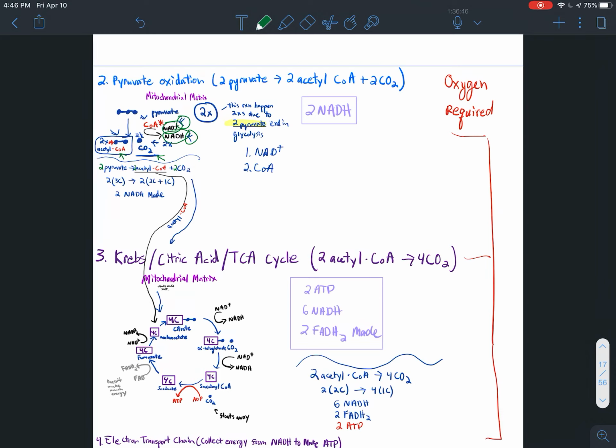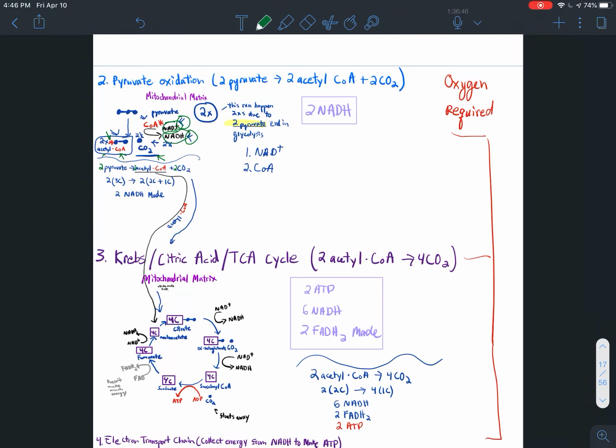The 2 carbon molecule with the coenzyme A attached is called acetyl-CoA. So the red star is the CoA, and the acetyl is the 2 carbon molecule, which makes this acetyl-CoA. But if you recall, at the end of glycolysis, we had 2 pyruvate molecules.